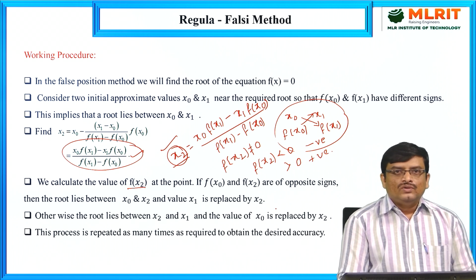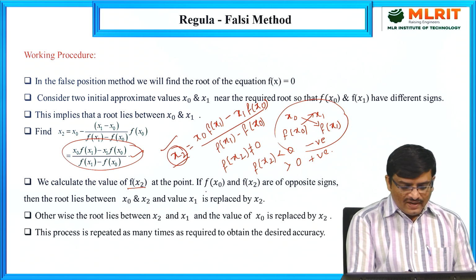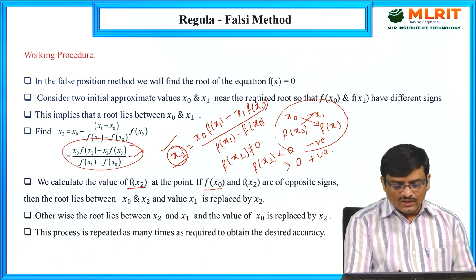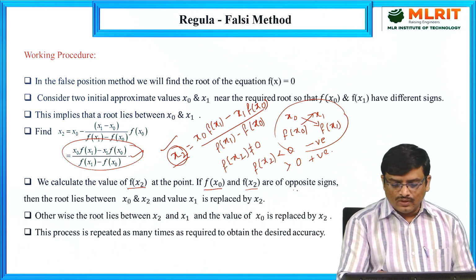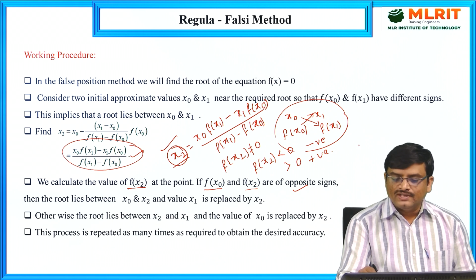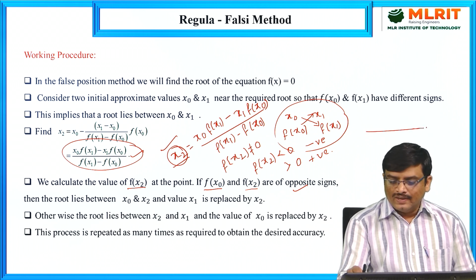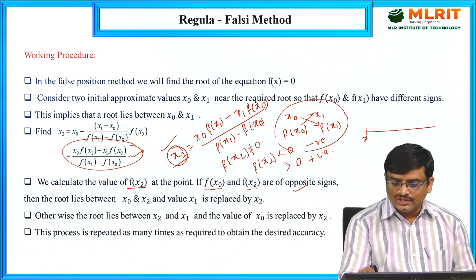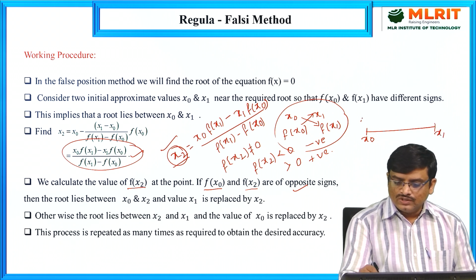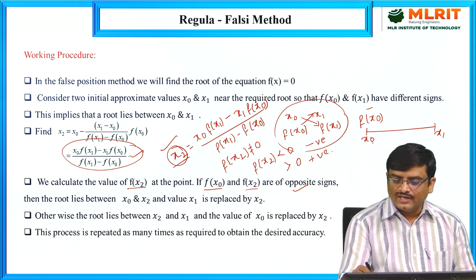Now, suppose f of x0 and f of x2 are of opposite signs. For example, take this number line, this is x0 and this is x1, and imagine that for f of x0 we have a negative sign and for f of x1 a positive sign.